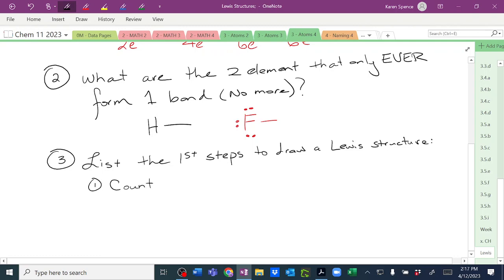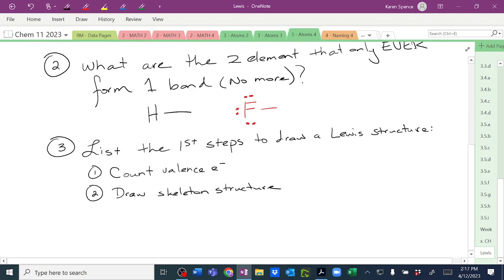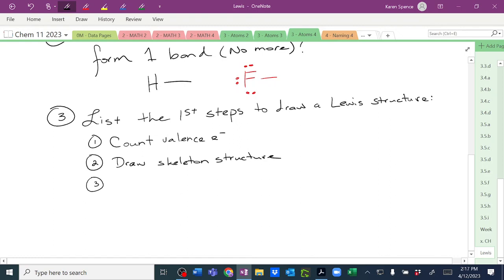First of all, we're going to count. What do we count? The valence electrons. Yeah, we draw the skeleton structure. Step number 3. We add lone pairs until all atoms have what?